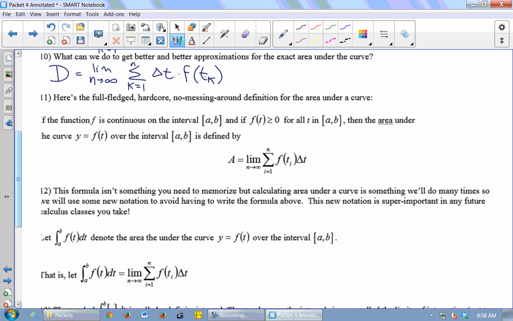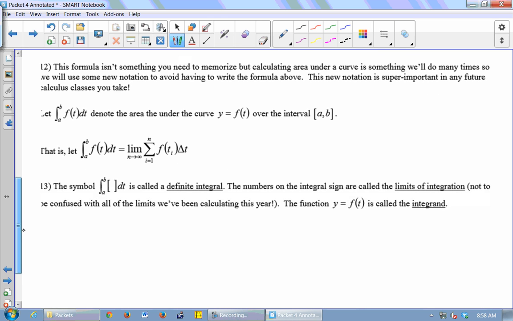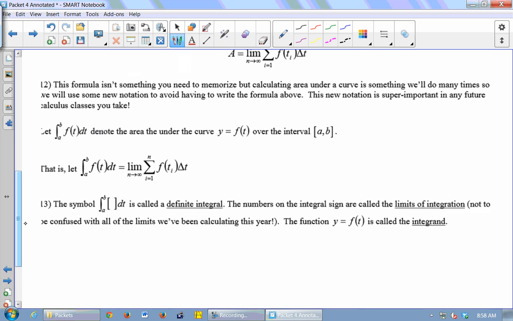All right, so this new notation is super important in any future calculus classes you take. We are going to let this definition of the exact area under the curve, which is the limit of the sum of the rectangles as the number of rectangles goes to infinity, we are going to write that like this.